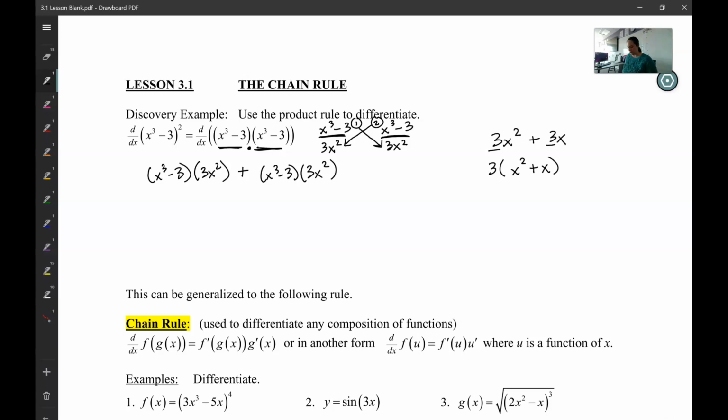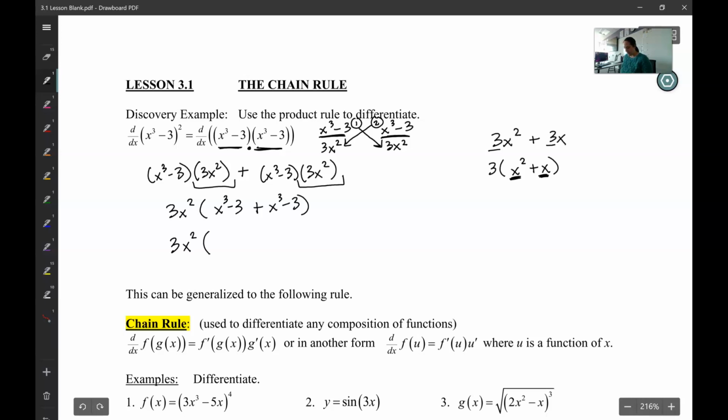That's kind of what we're going to do here, where I'm going to take my 3x squared out, and I'm left with the first one plus the second one, just like I did here. Took the 3 out of that, took the 3 out of that, and that's what I'm left with. Then even further, I have one thing plus itself. That's like saying x plus x, so that's 2 of those somethings.